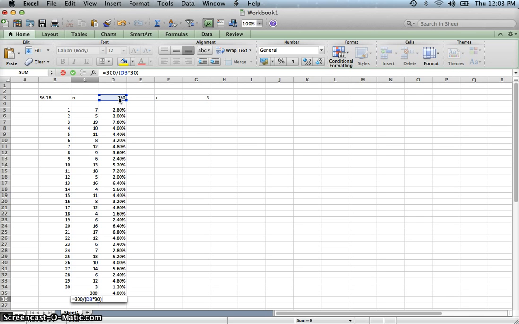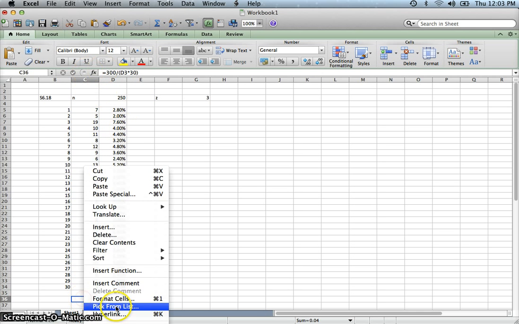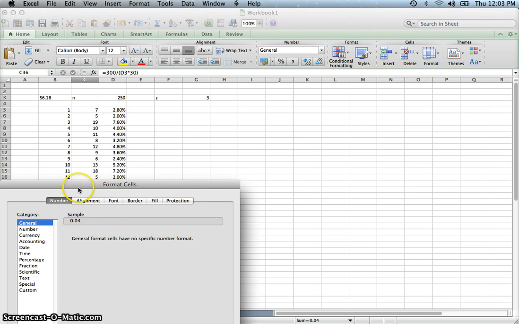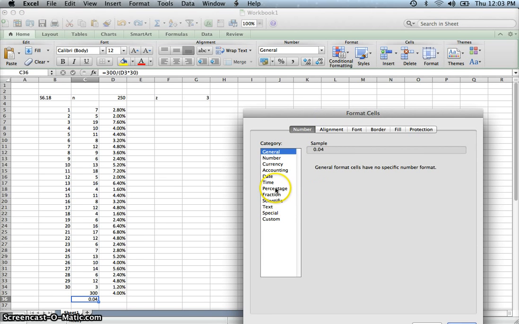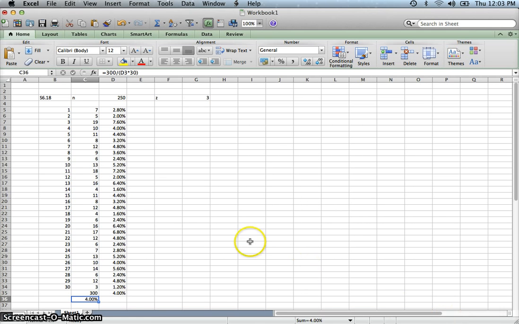So that's the total number of things we did. You will see that we'll get the same answer. So either technique is perfectly acceptable in calculating that average percentage. Let me just format that so that you can see that it is exactly the same.